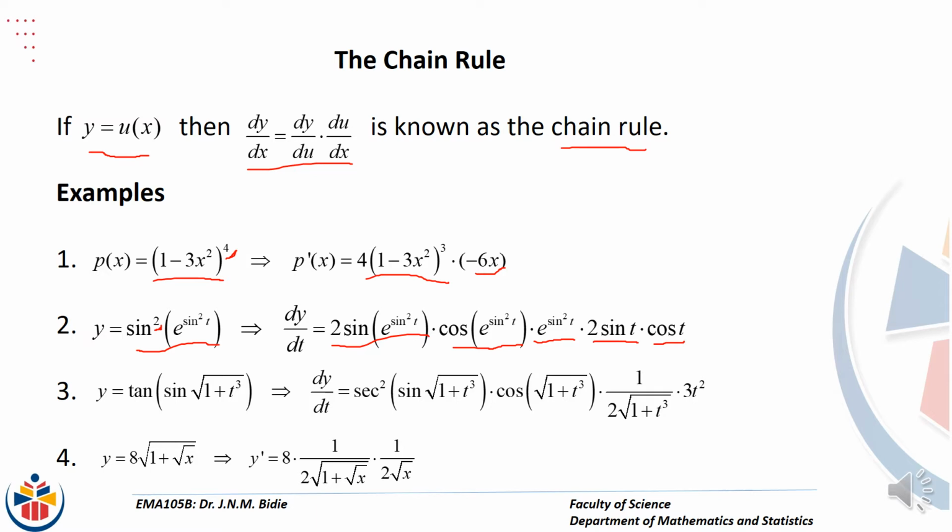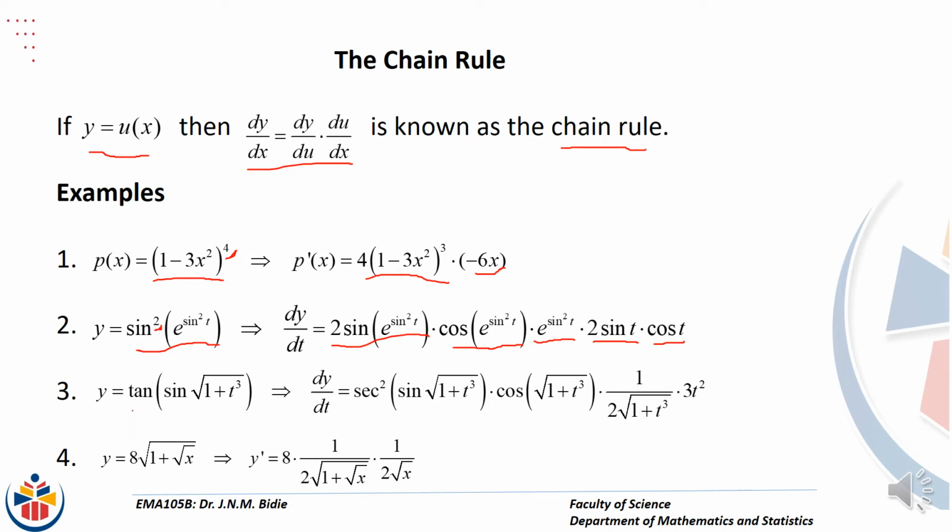I'm hoping that you're noticing the chain. It was sine squared, so we first start with the power of sine, so it's 2 sine. And then thereafter, the derivative of sine, then the derivative of the exponential function, and then the derivative of the power of that exponent.